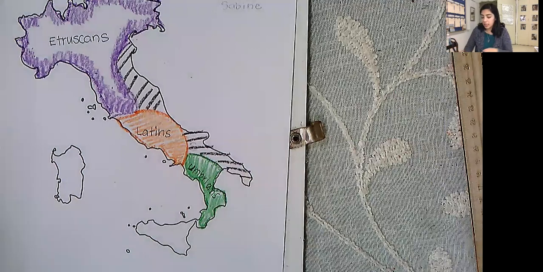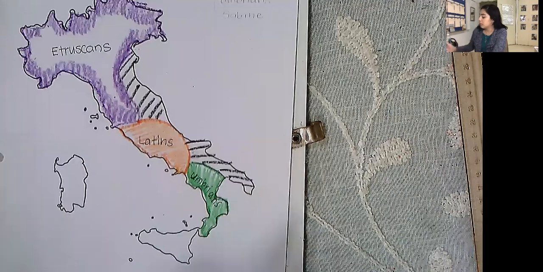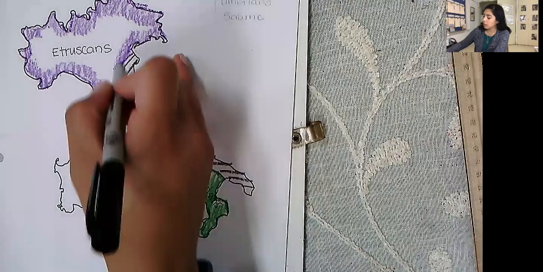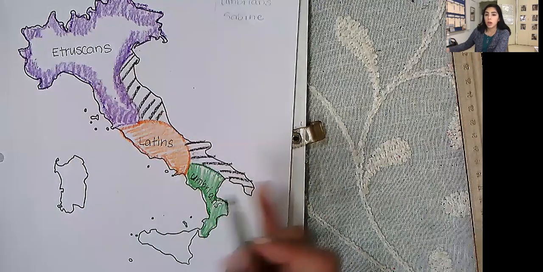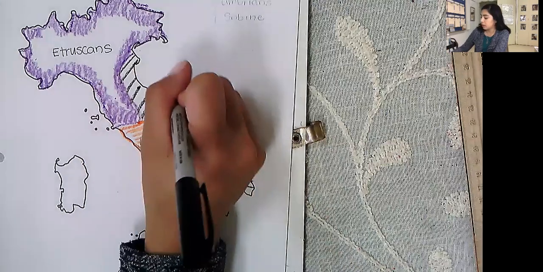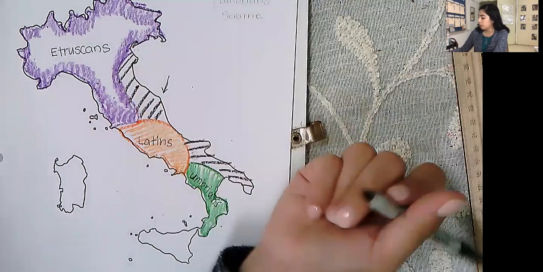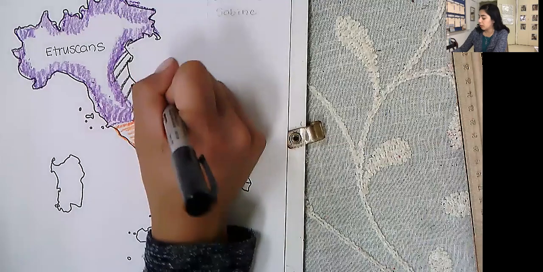And I'm actually going to add one more because they are quite important. Do you see this black part that we put right here? Well, all of this right here are the Sabines. So I want you to put an arrow right here and write Sabine.